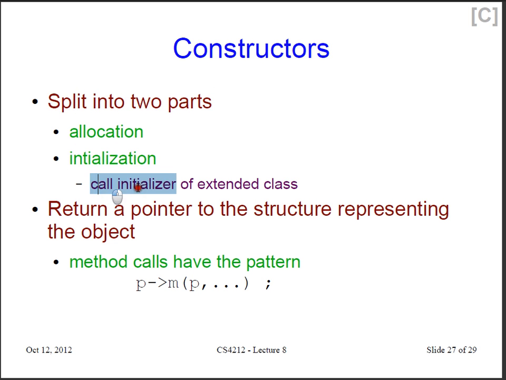The initialization will call the initializer of the superclass. That's very important, right? You don't want to initialize those fields yourself, because if you change the superclass, then you don't want to go everywhere and make changes across all the subclasses to reflect the changes that you made in the superclass. Methods have this pattern. It's very important to remember that.